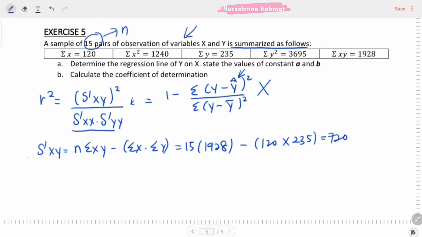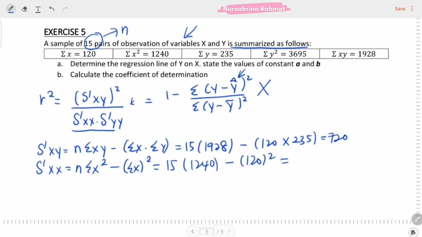Next, find your s prime xx. So n sum of x square minus sum of x, squared. So 15 times 1240 minus 120 square, it's 4200.